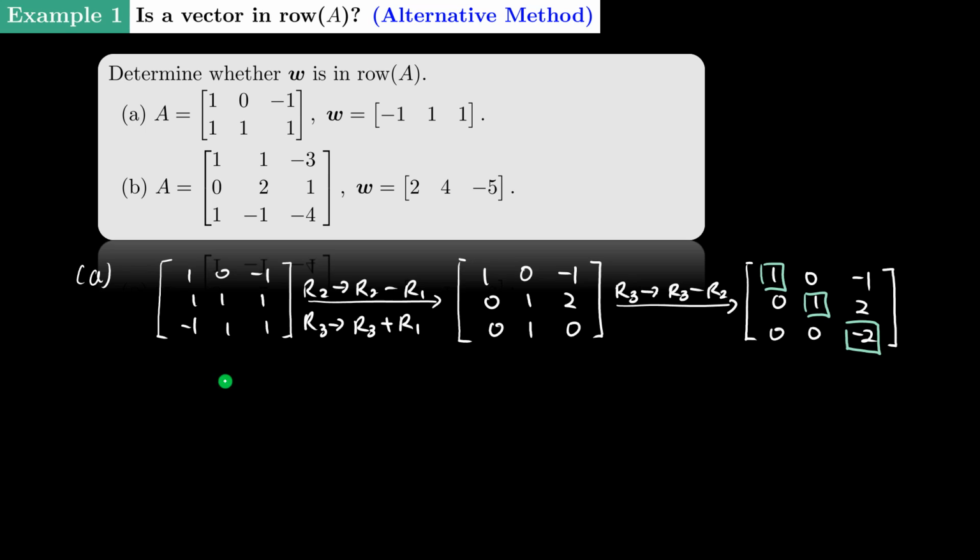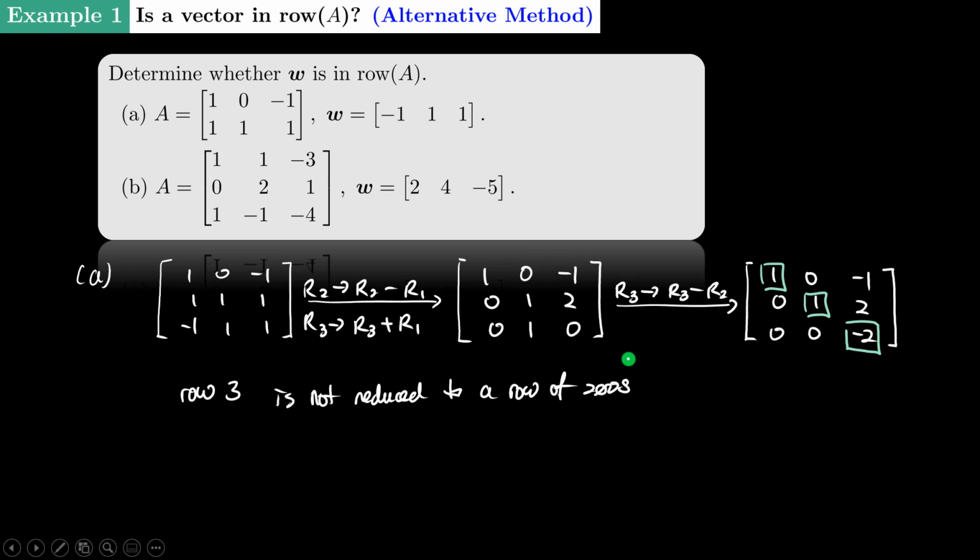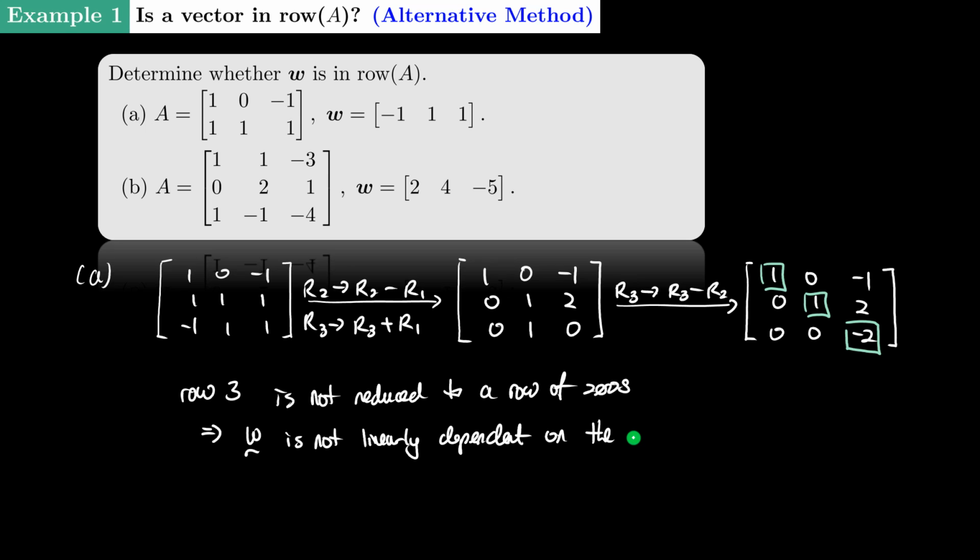We observe that our row 3, which is the appended row, originally the W vector, is not reduced to a row of zeros. So this implies that W is not linearly dependent on the original rows of A.